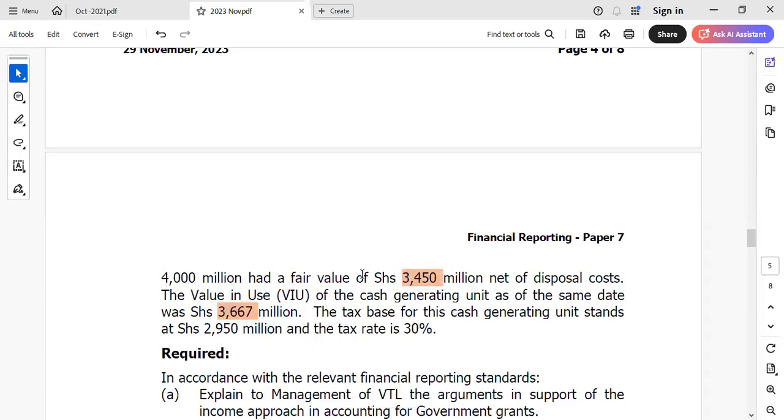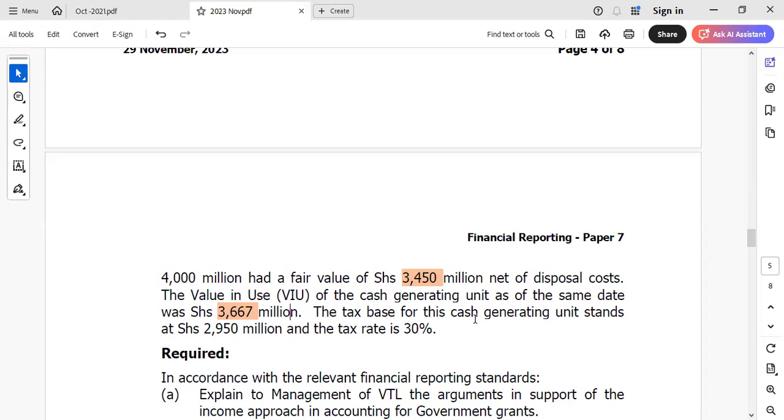Compare the two and take the higher as your recoverable amount. Then see whether you have the impairment loss. Yeah, here you will have the impairment loss.